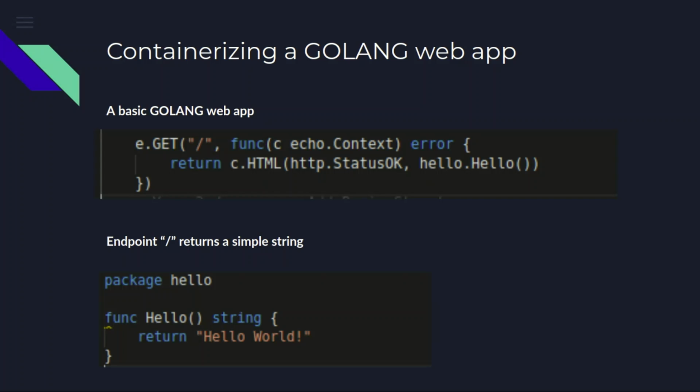So let's define a very basic Golang web app. Here I am creating a root path, and if you hit that root path, it would return a simple hello world string.